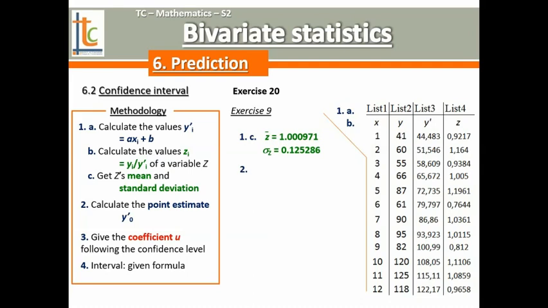Second point, which is completely independent of the first, we are beginning to perform our estimation. Okay, the first point is no estimation. The first point is an analysis of the point cloud. In the second point, you want to make a prediction for the year 2020.